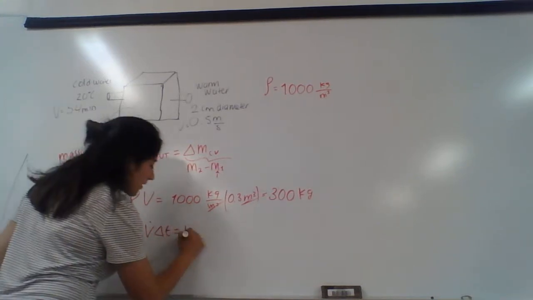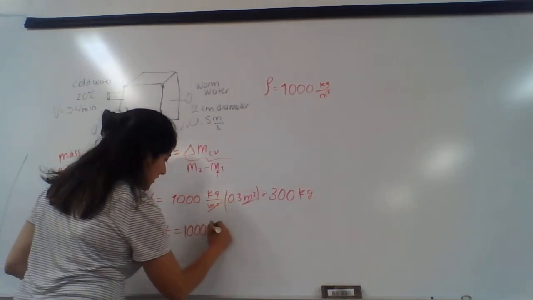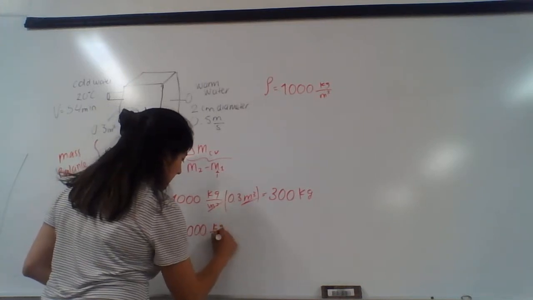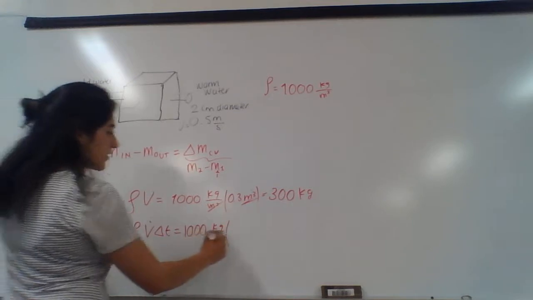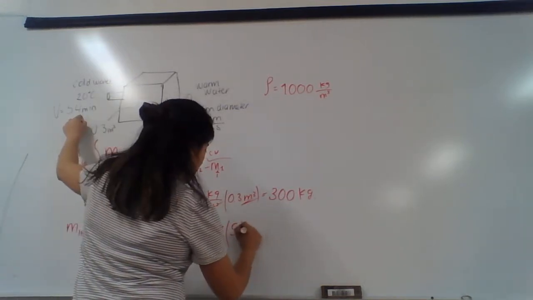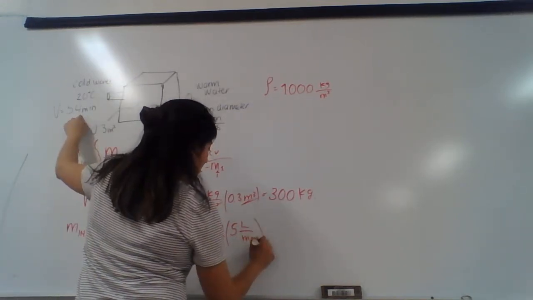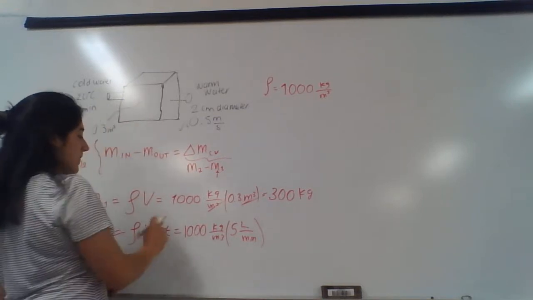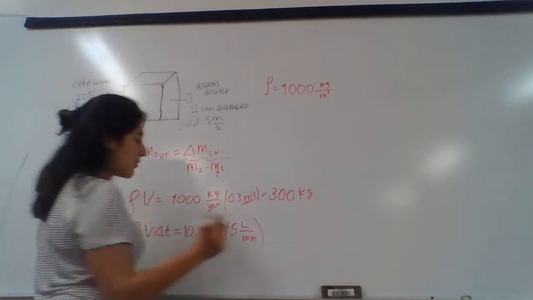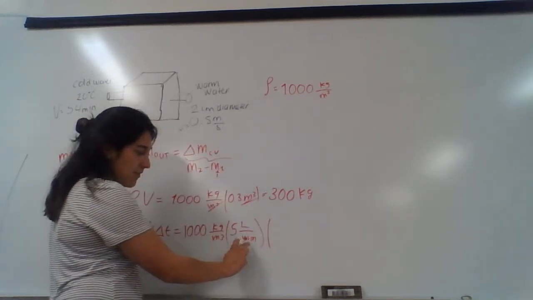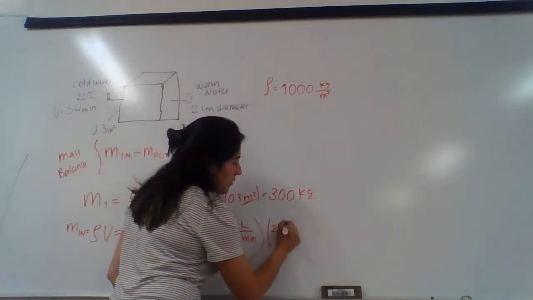So it's 1,000 kilograms per cubic meter times the volume flow rate, 5 liters per minute. And the problem states that the difference in time is a 20-minute range. Because we have minutes here, we don't have to convert it to seconds.